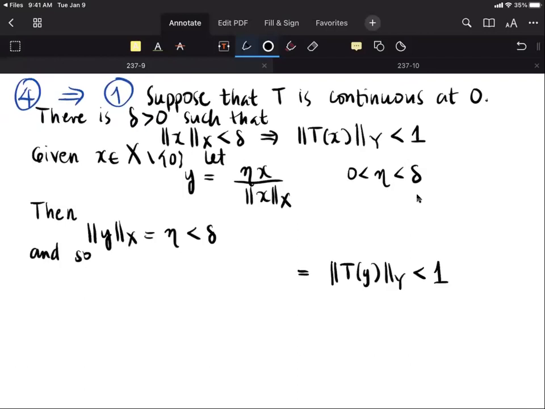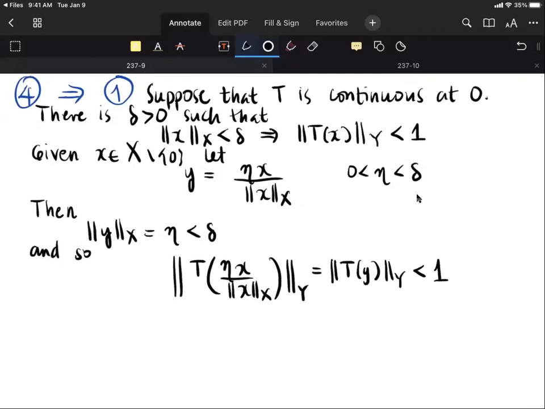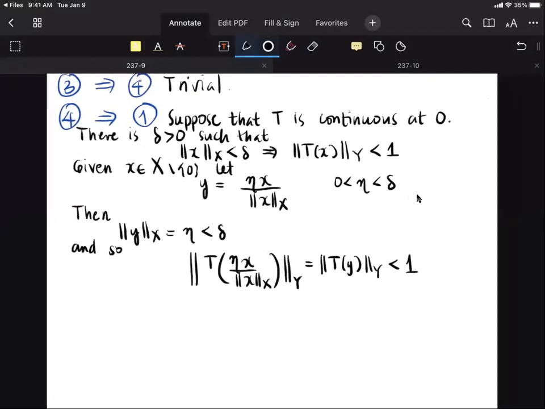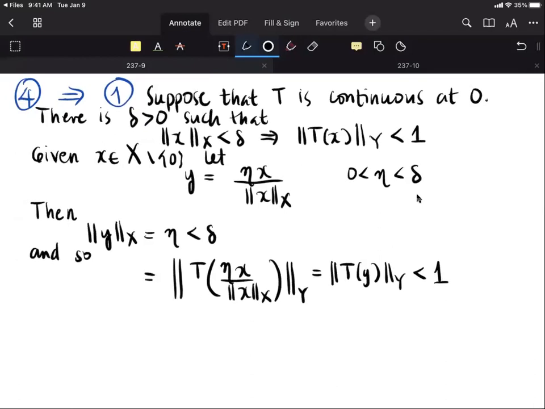So plugging in the definition of y, this is the norm of T of eta x divided by the norm of x, with the norm taken in Y. Applying linearity and the homogeneity of the norm, we can pull out these two constants outside T and then outside the norm in order to obtain the following. So this is eta divided by the norm of x times the norm of T of x.